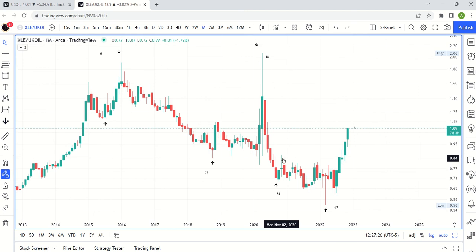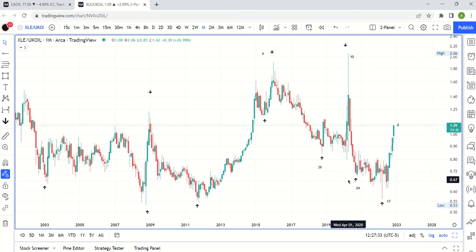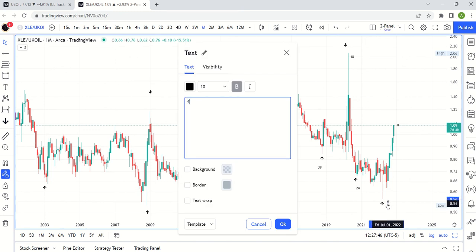So month 2, and then you just meander down to a low on month 17. In a way, this is really just a continuation of this cycle. So you can just add that up, and that gets you to 41, right? That actually makes more sense.